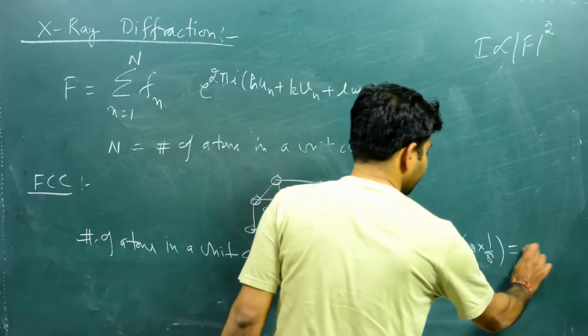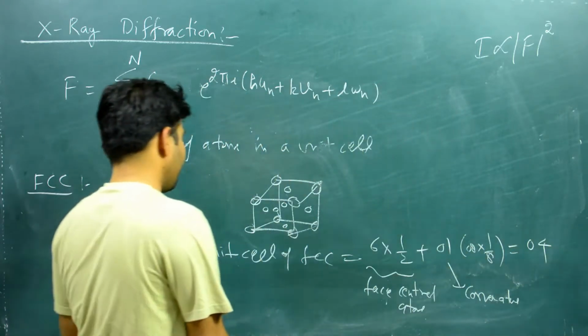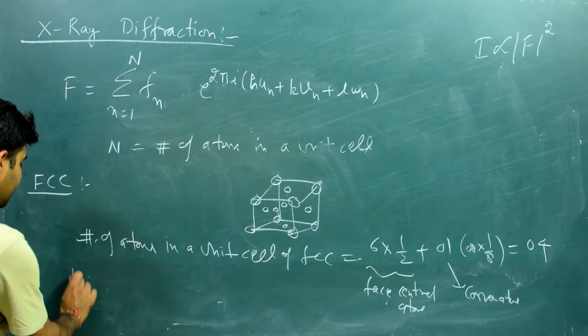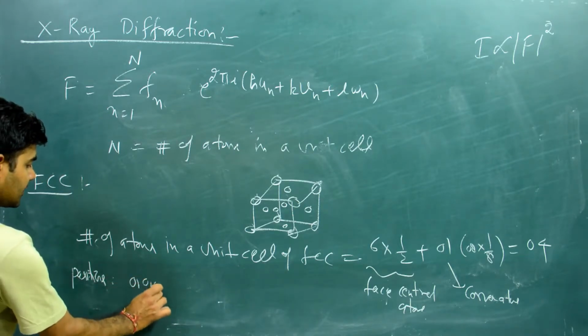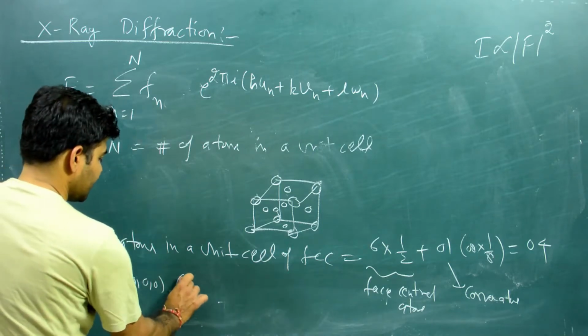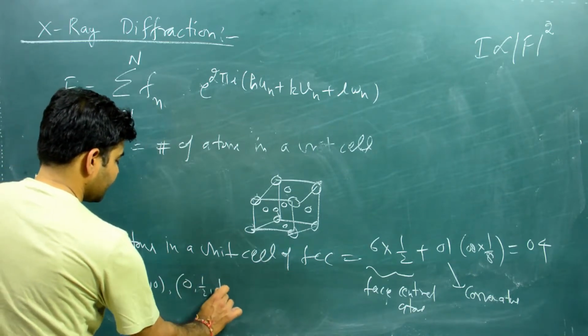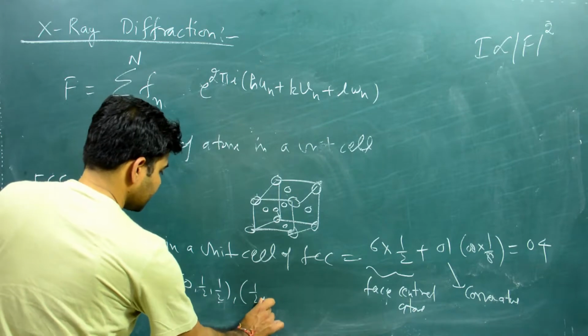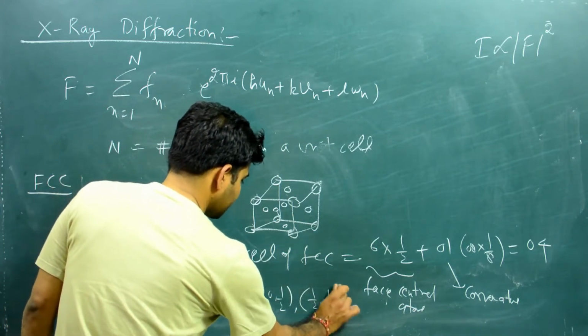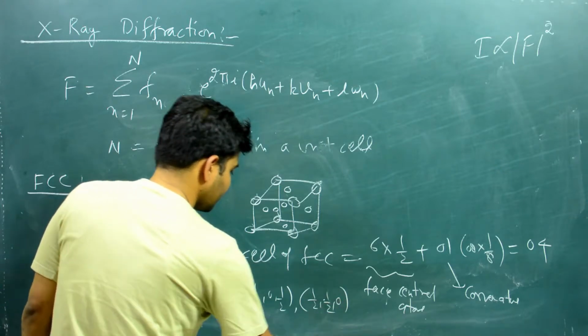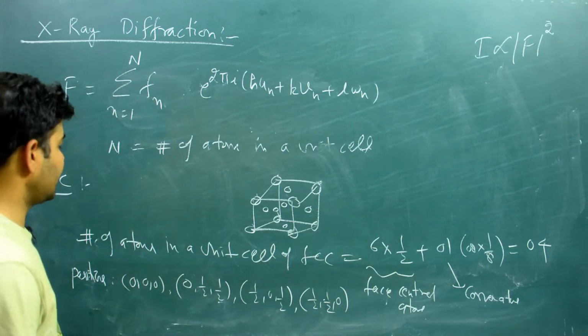So this gives me effectively 4 atoms, and the positions that can be taken for these 4 atoms are 0 0 0, 0 half half, half 0 half, and half half 0. Okay, so these are the positions.